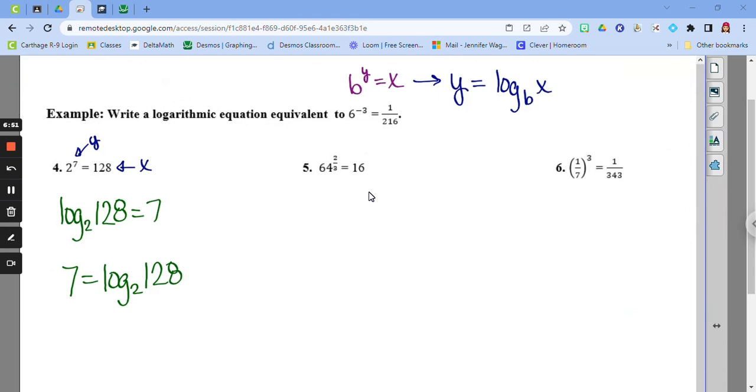Okay. It's about 5. Log base, yep, of 16.